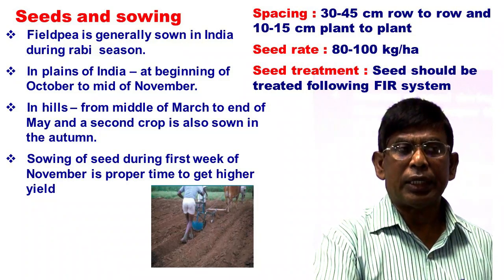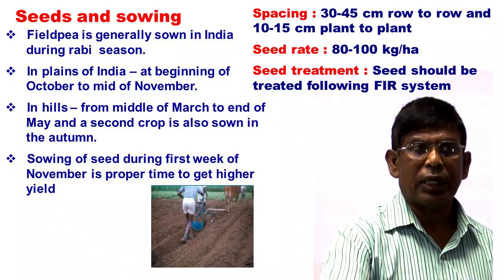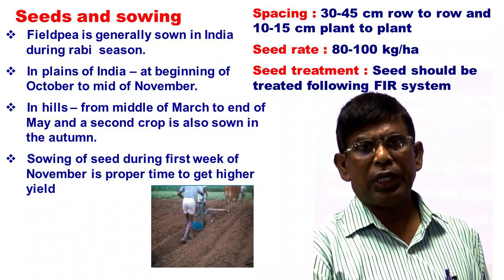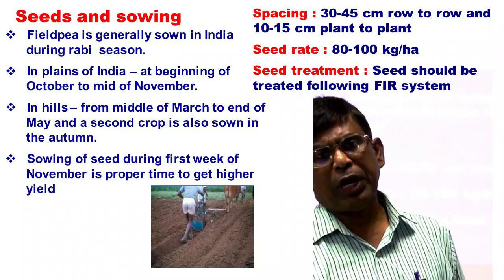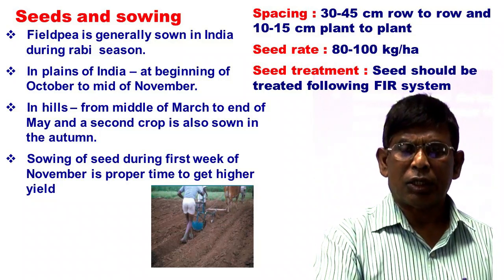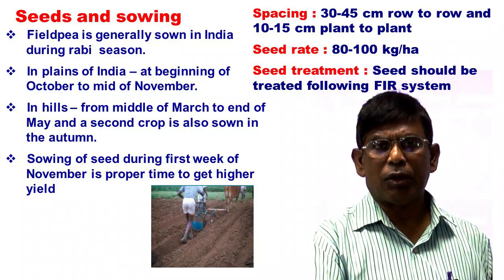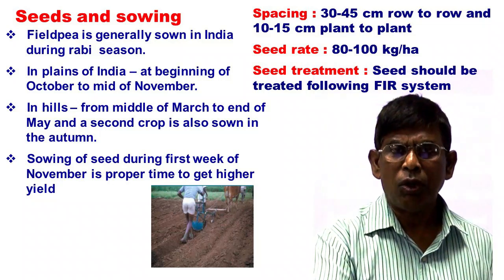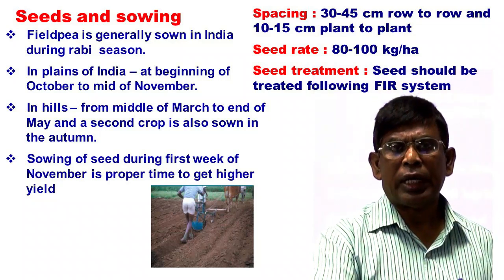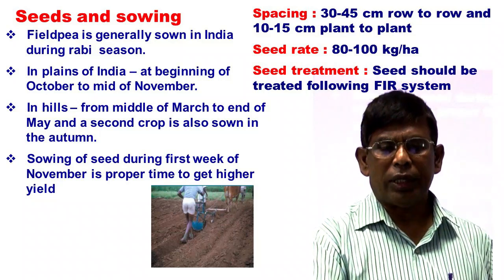Seed rate varies from 80 to 100 kg per hectare. In case of small seeded varieties, 75 to 80 kg seed per hectare is required, and if you are going to sow a bold seed variety, then around 90 to 100 kg seed per hectare is required.